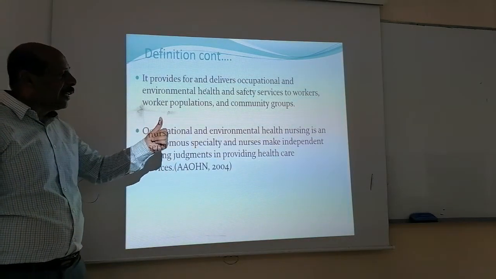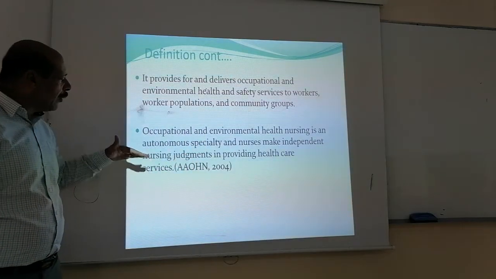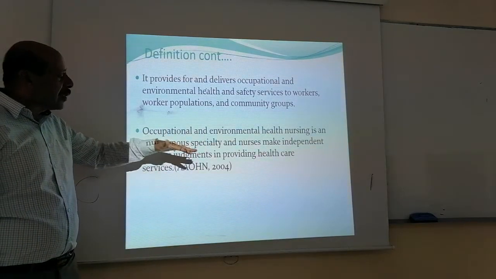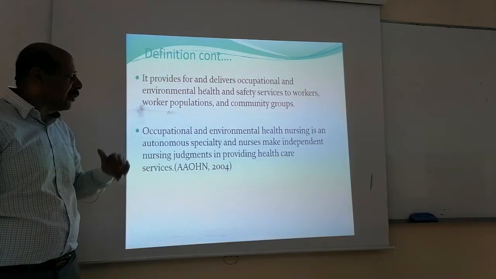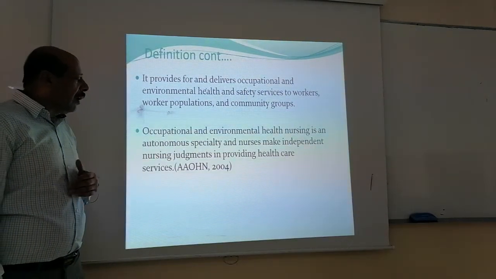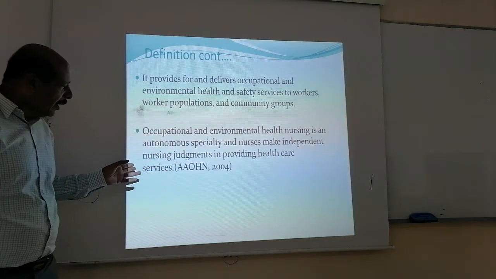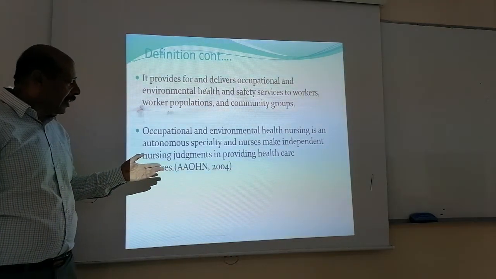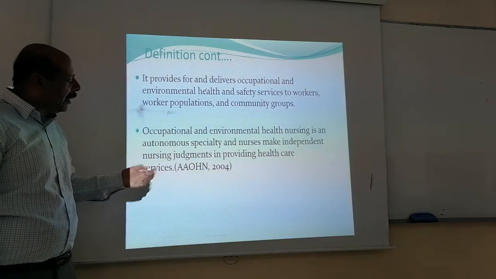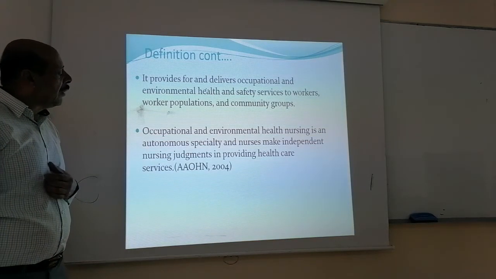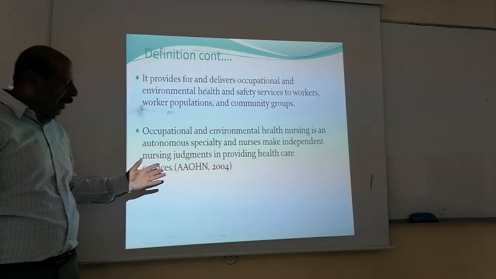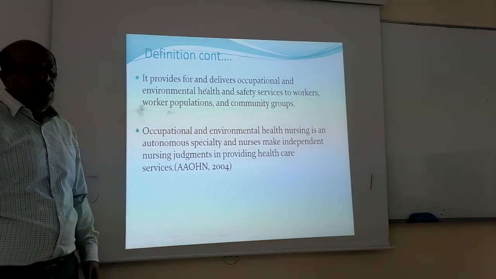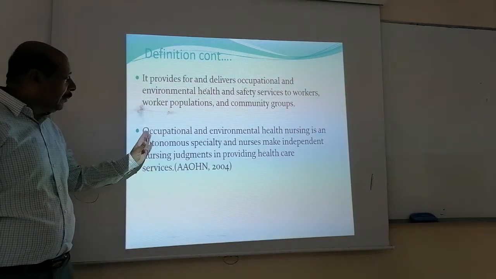Occupational and environmental health nursing is also an autonomous specialty, and nurses make independent nursing judgments in providing healthcare services. This is the definition by the American Association of Occupational Health Nursing.